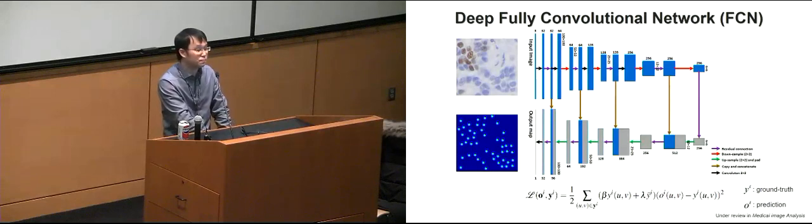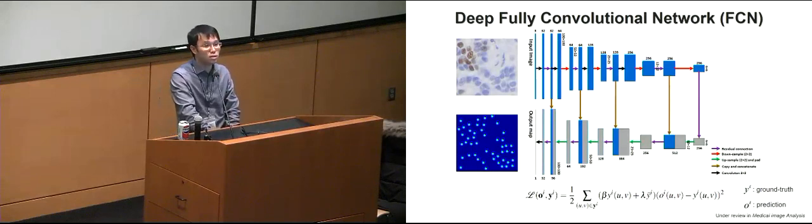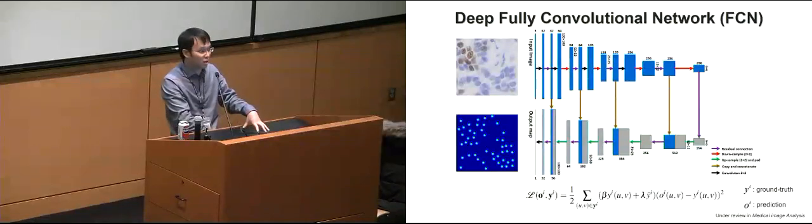The idea is that we replace all the fully connected layers with convolutional layers and do upsampling, mapping the feature map we learn in the middle layer to the space of the input image data. In this case, this network can directly output a feature map which has the same size as the input image. And in this final output image, the local maximum will directly indicate the location of the targets.